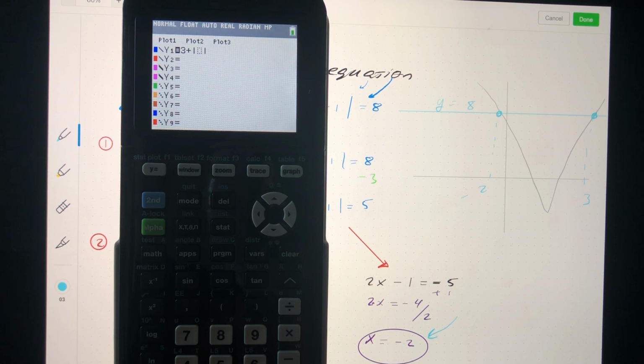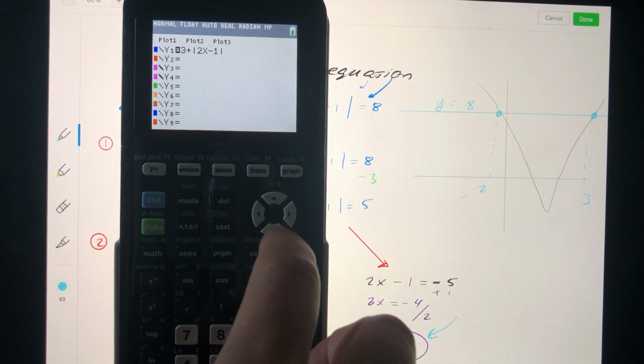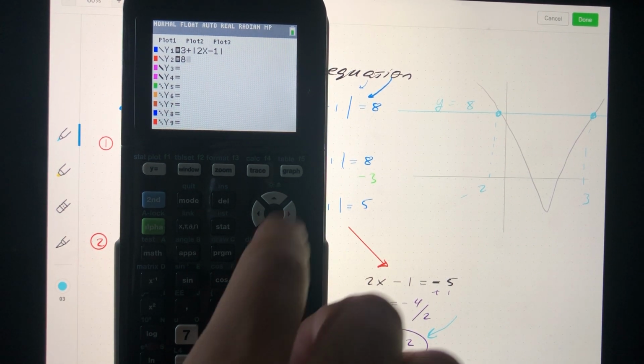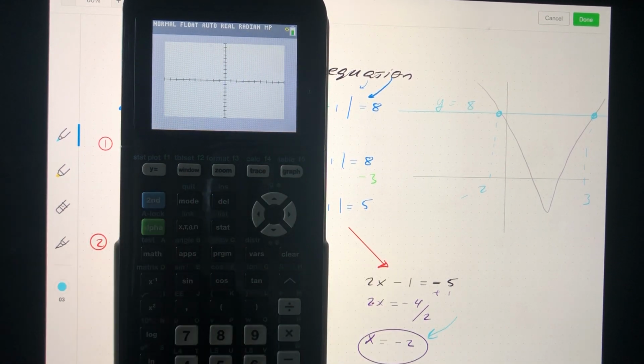So enter, and then type in what's inside, which is 2x minus 1, and then on the other side we have 8. So here is the absolute value, looks like a V shape, and here is the 8 coming through it, and we're looking for the place where the two of them intersect.